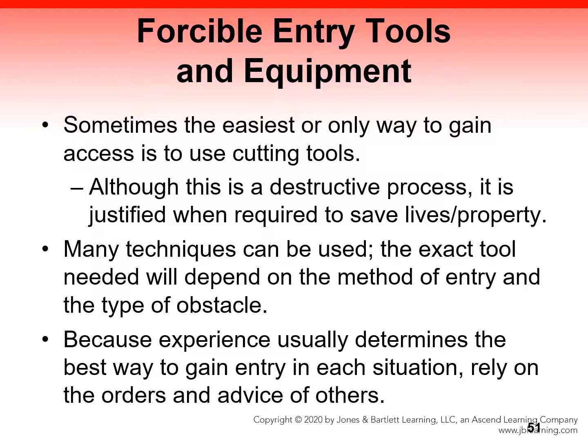Bolt cutters can be used to remove a padlock. Cutting torches or rotary power saws can be used to cut through metal security bars. Although cutting is a destructive process, it is justified when required to save lives or property.